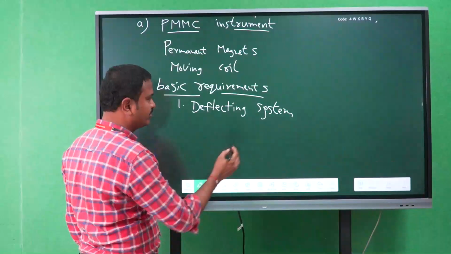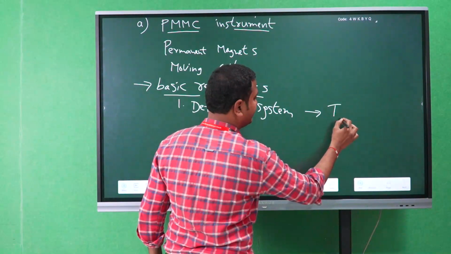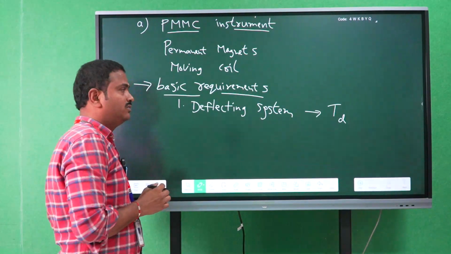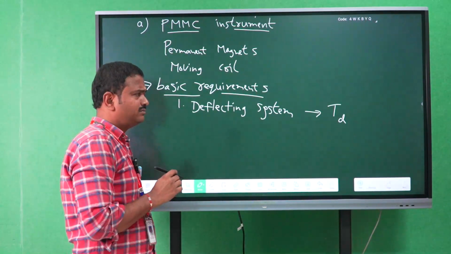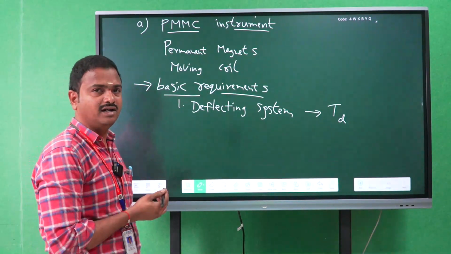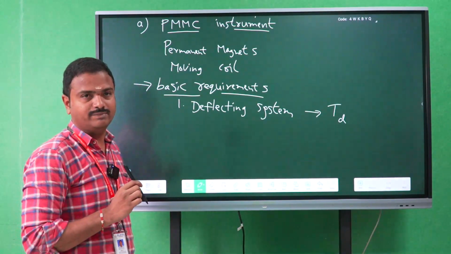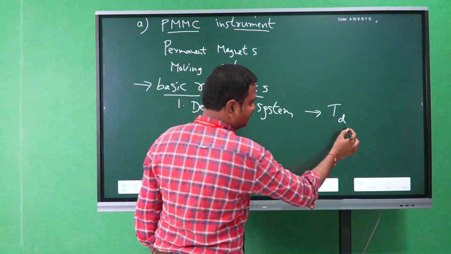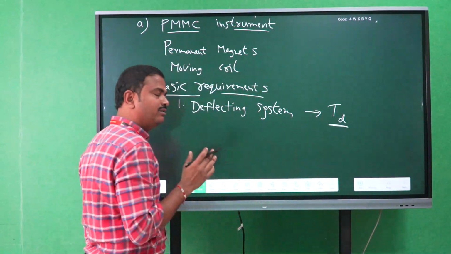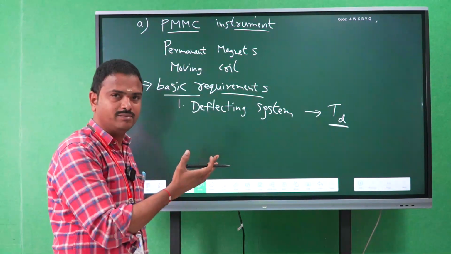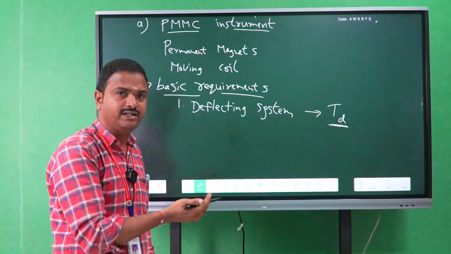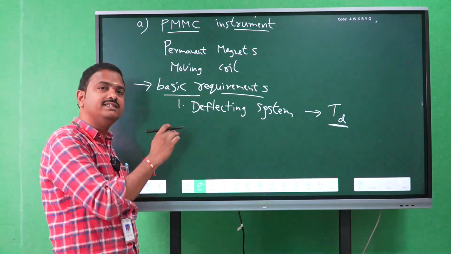So the deflecting system produces deflecting torque. Deflecting torque causes the movement of the pointer on the scale. That means this torque produces force on the moving system as well as the pointer of the instrument to move from its 0 position.